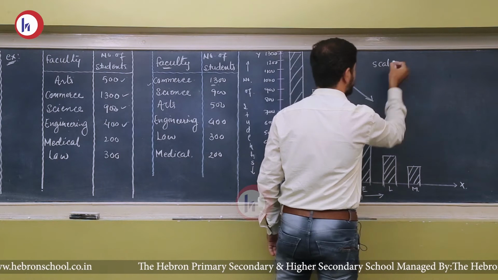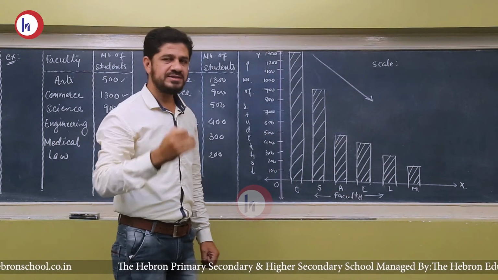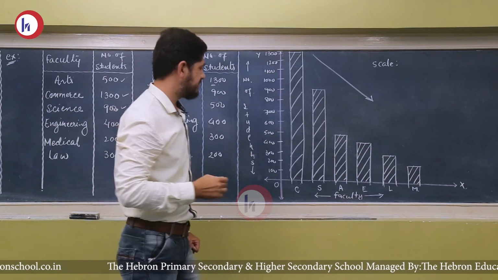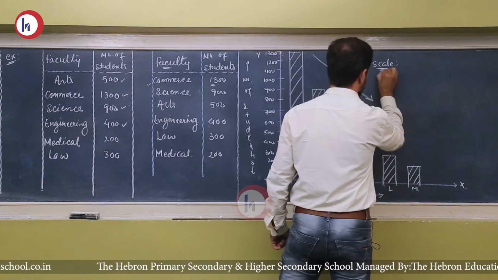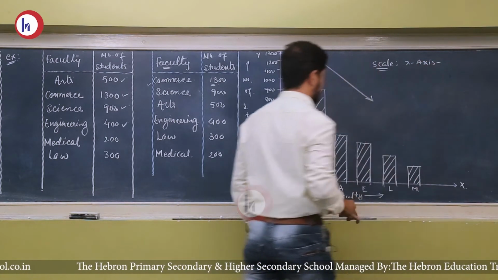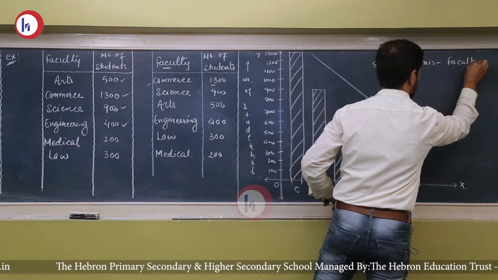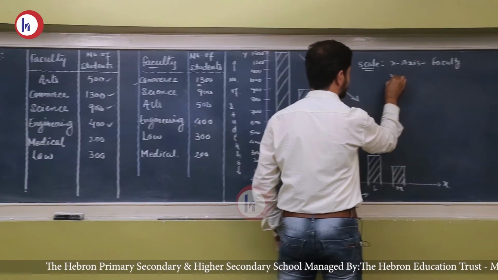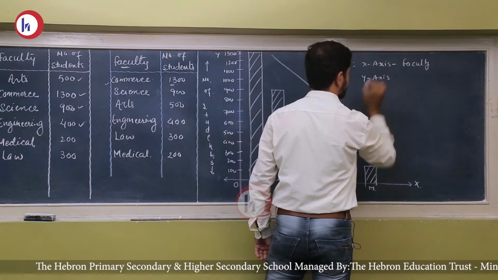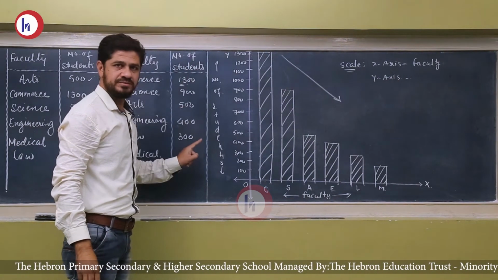Also, we need to write the scale: what is on the x-axis and what is on the y-axis. On the x-axis, we represented the faculty. On the y-axis, we represented the number of students.